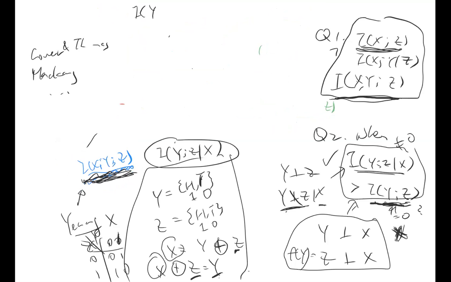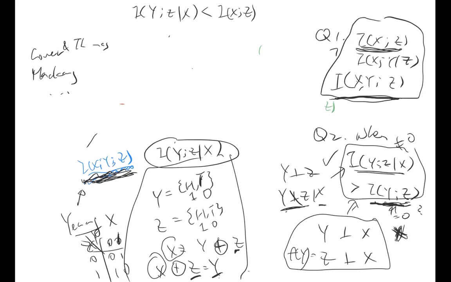I cannot say if Y and Z are independent, then Y and Z will be conditionally independent given X, say. So I can find a situation where this will be less than I(Y;Z). Wait, did I say something wrong earlier? Actually, I probably said something wrong.